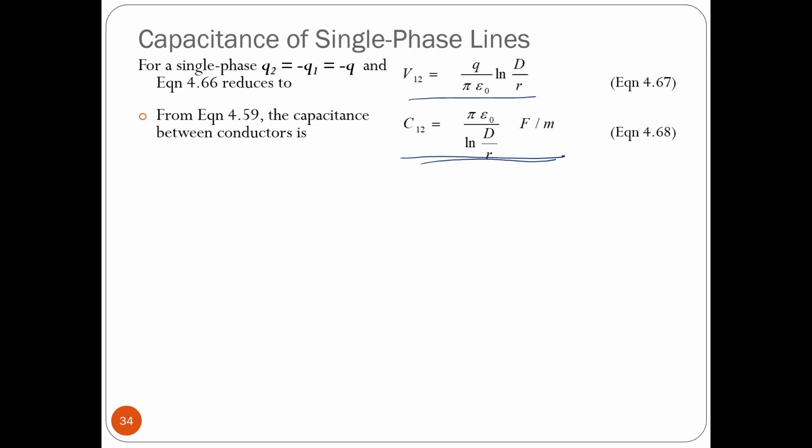Now this is the basis of the capacitance equation, which we shall expand further so that we can apply it to a particular conductor configuration. But the form that you see here is very similar for the next set of capacitance formulas.